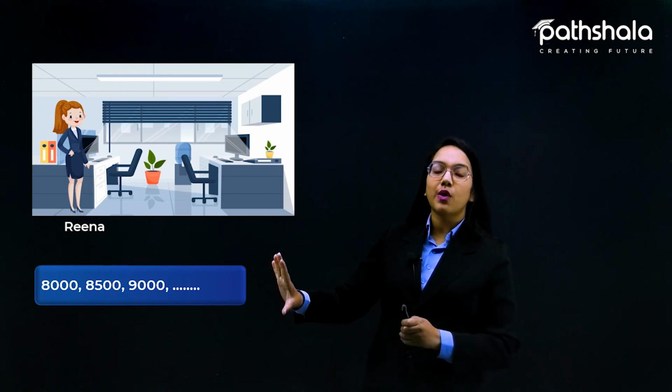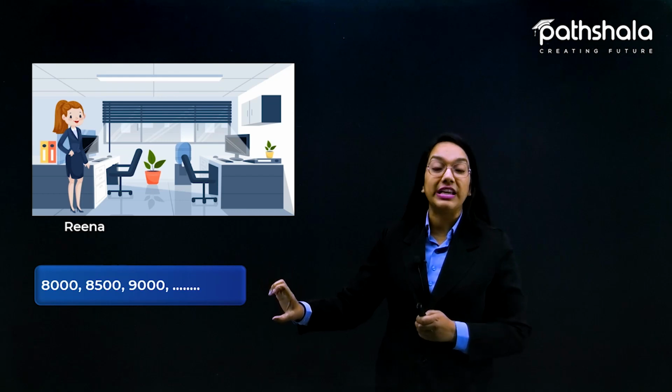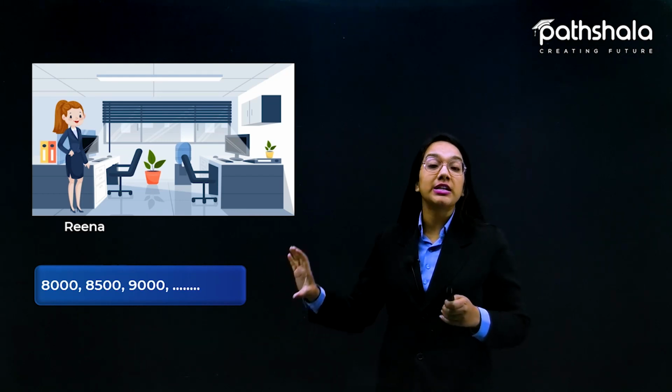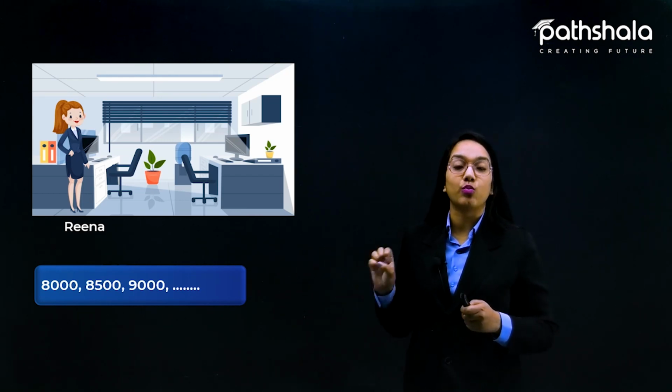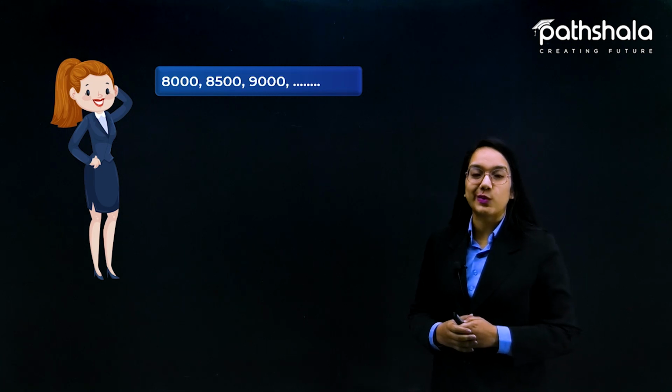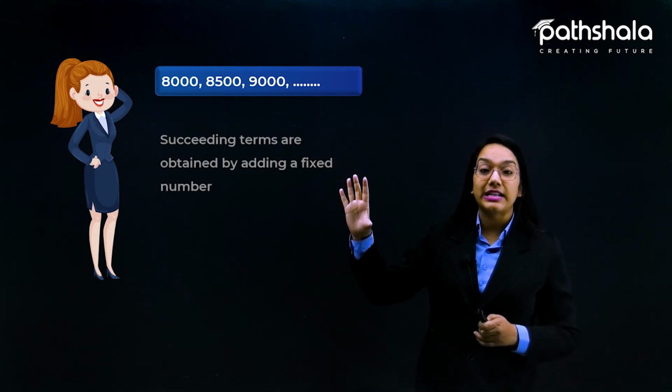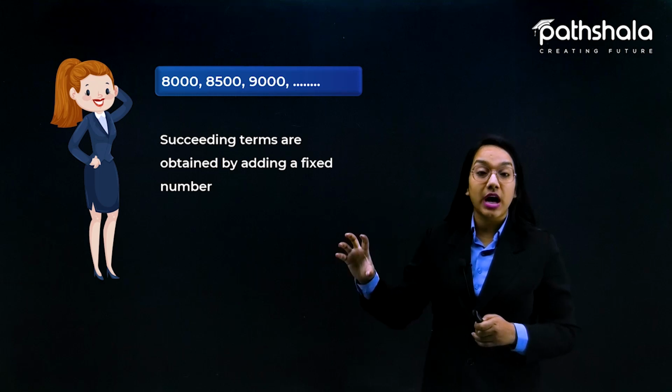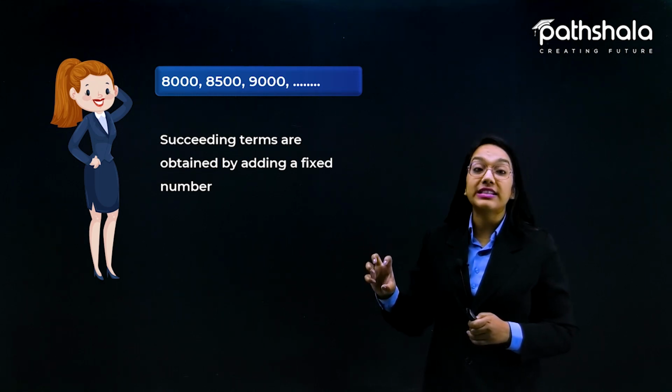As you can see, all these numbers, or the salary of Reena, are following a certain kind of pattern. What is that? Let us suppose I am taking Reena's salary as 8,000, 8,500, 9,000, and so on. I can see that succeeding terms are obtained by adding a fixed number.